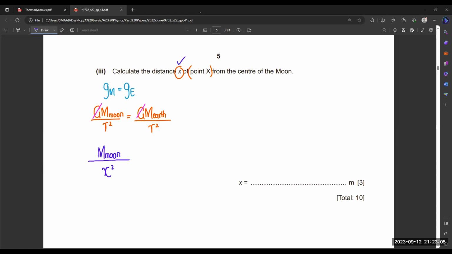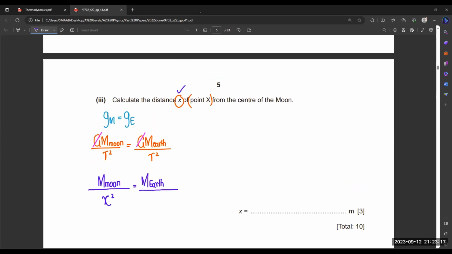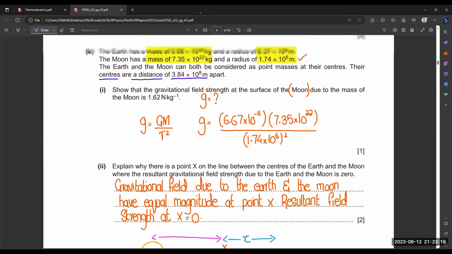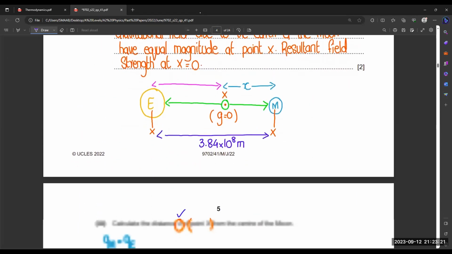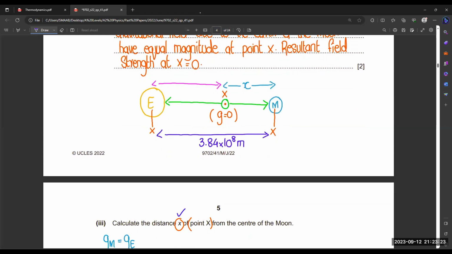So x is unknown. And if we talk about the earth, the mass of the earth is also given. And if we take the distance, the total distance is 3.84 times 10 to the power 8 meters between the center of the earth and the center of the moon.